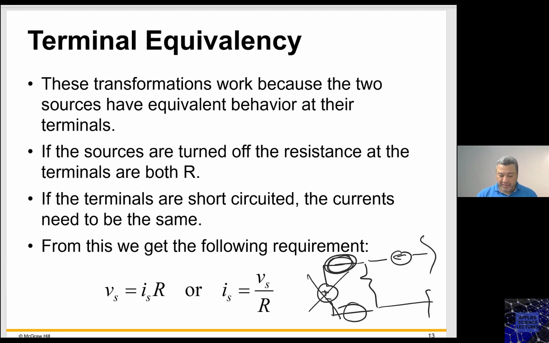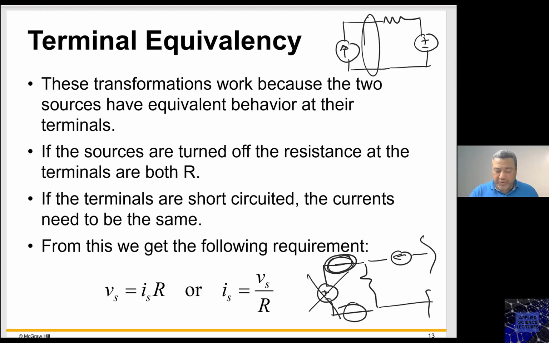On the other hand, if you have a current source and this current source does not have any resistance in parallel to it. Look at the resistance in parallel to it. It could be an infinity, right? Because there is nothing.